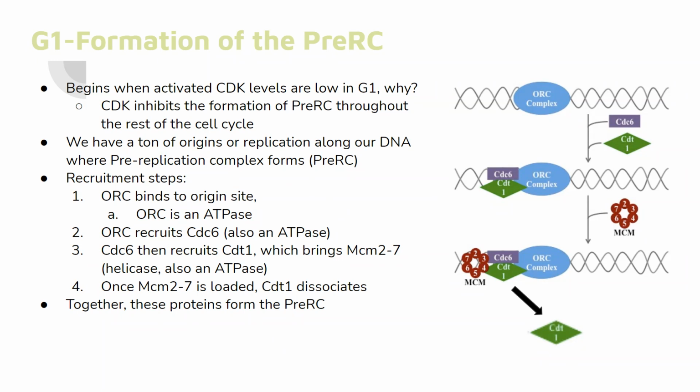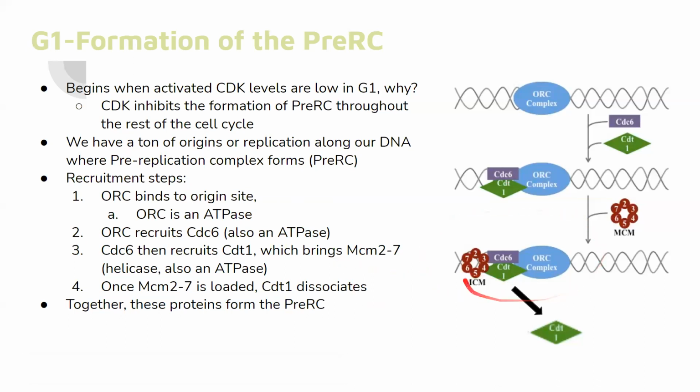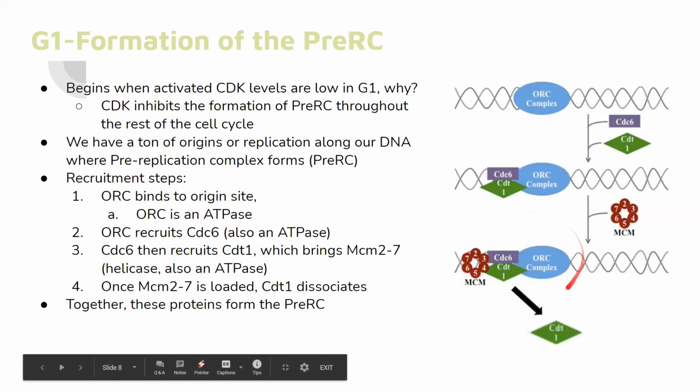So you have the ORC, then CDC6, then CDT1. CDT1 recruits this MCM complex. So MCM is a helicase, and I'm sure you all know what helicases are. This 2 through 7 is just what the subunits are named. But anyway, now you have this whole complex, which is the pre-RC.